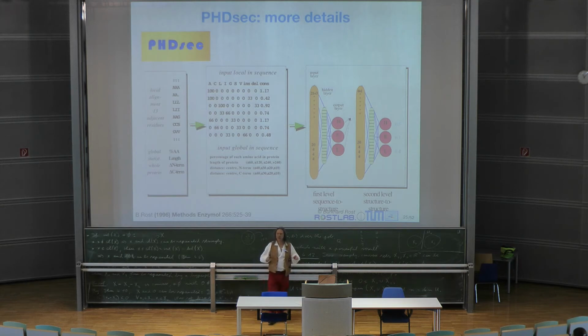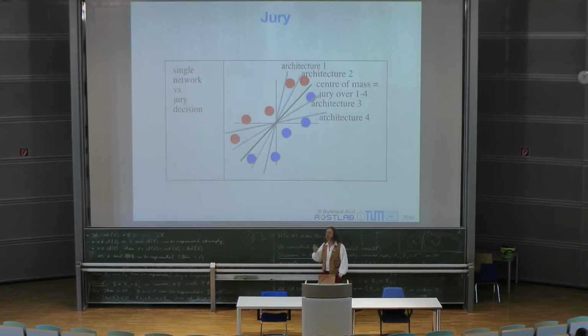And then there are two levels. So the first one does sequence to structure, the second one does the prediction of the first one to the second one. And then you essentially get a bunch of different classifiers. For instance, one of these solutions that I show here, so each green line is one particular neural network. And the different lines may differ. One used balanced training, so predicts beta strands better.